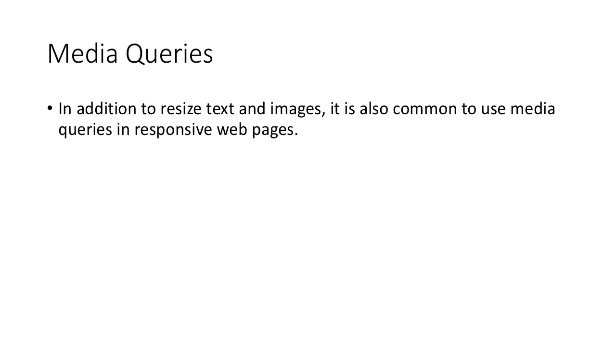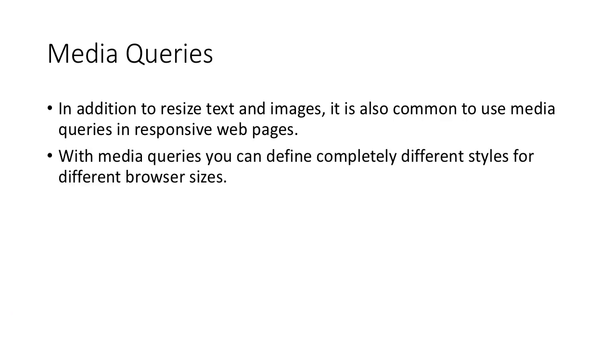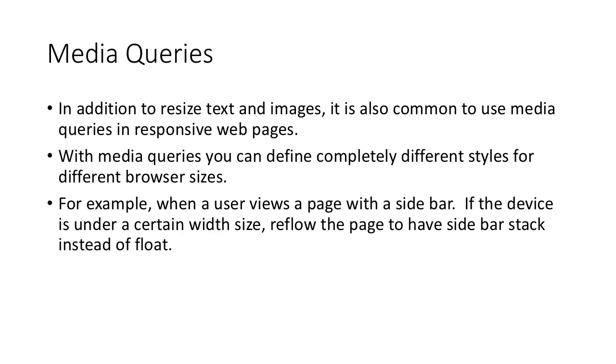So that's the VW, and then you have media queries, which are probably the most important thing when you're making a responsive website. With media queries, you can define completely different styles of the page based on the dimensions of the device that's viewing it.